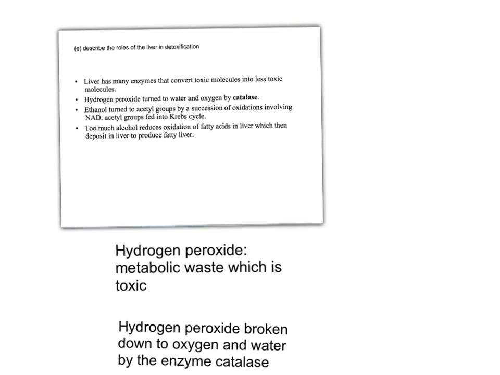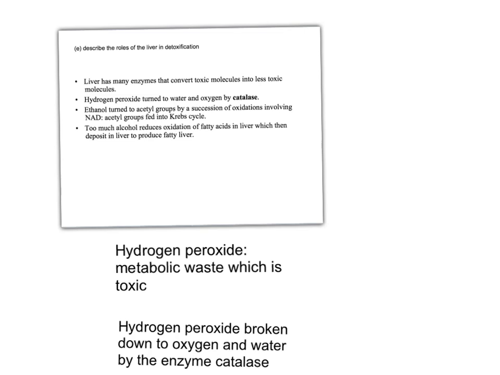So if you immerse your alcohol dehydrogenase enzymes with alcohol all the time, what happens is that you don't break down fatty acids, and therefore that fat is stored in the liver, and that's called fatty liver disease.